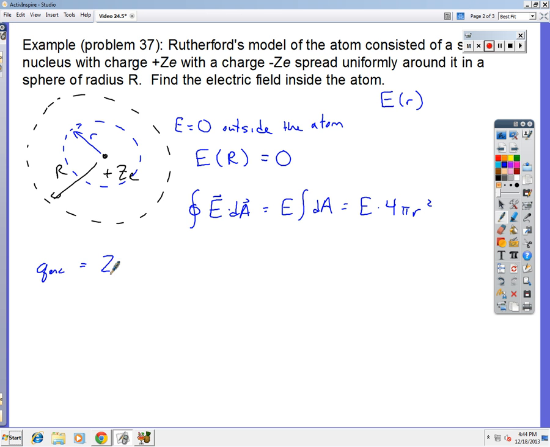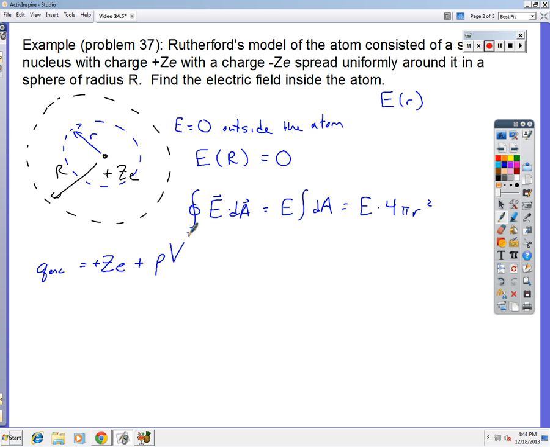So first off, we have plus Ze, but we've also got some of the electron charge. And if we say that the charge density in this sphere here is rho, then the enclosed charge is Ze plus the charge density times the volume.